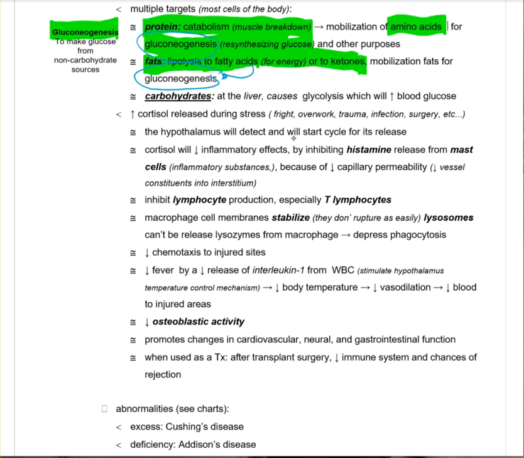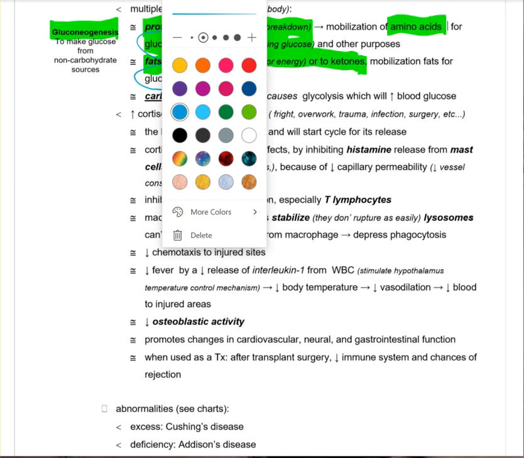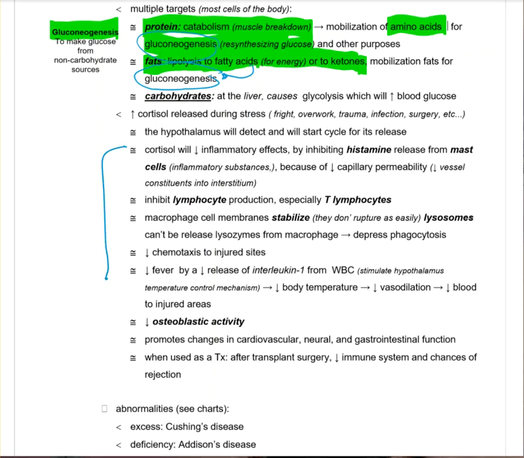The hypothalamus will detect if we're in one of these situations and start the cycle for its release. And what I'm going to put here, and this is the part about the inflammatory stuff all the way down to this, is that what all these things are talking about is that cortisol shuts down immune and repair functions.